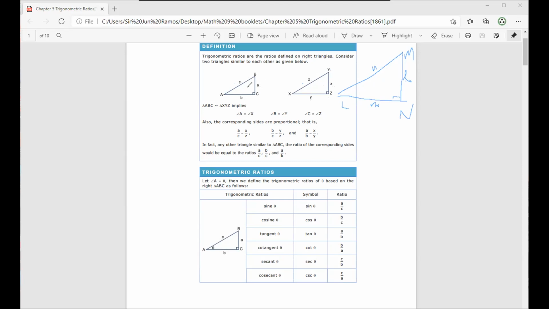So, we will define the trigonometric ratios in the following manner.